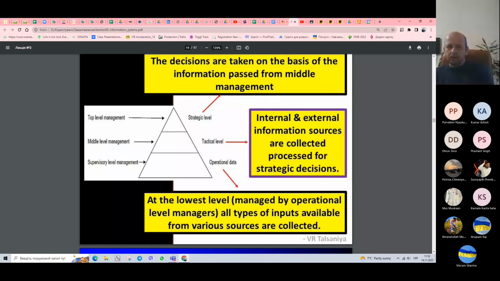All levels can be provided and supported by information systems. Internal and external information sources are collected and processed for strategic decisions. The lowest level is managed by operational level managers. All types of inputs available from various sources are collected.